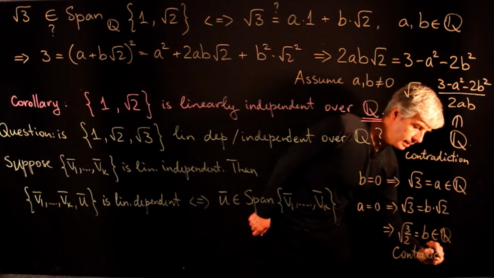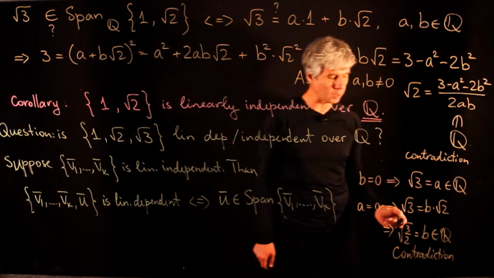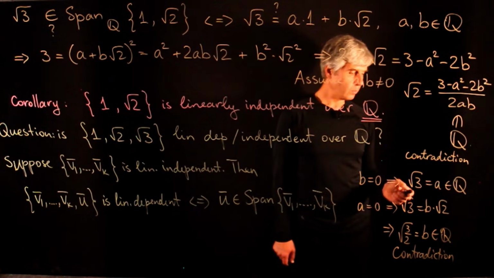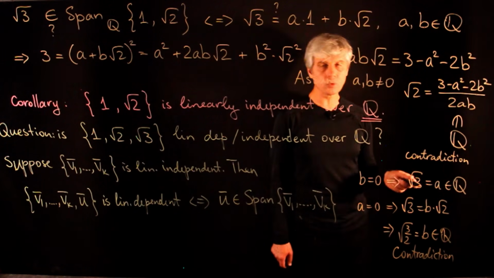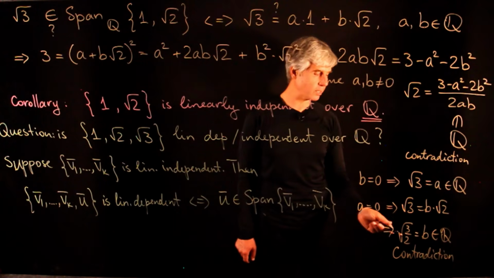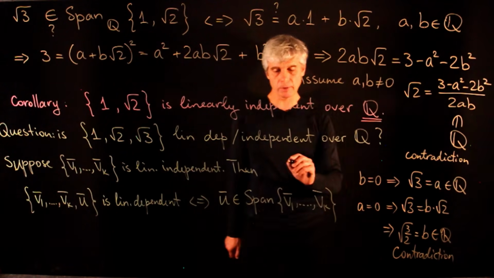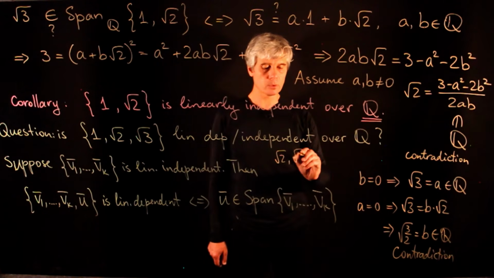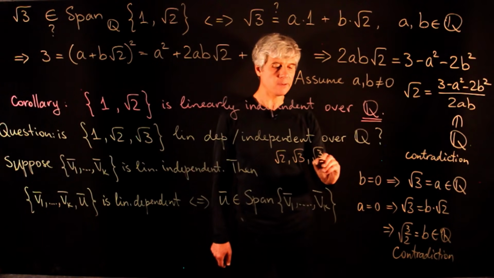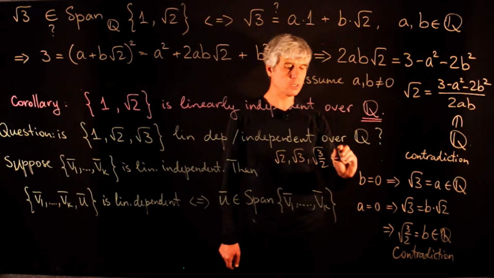So exactly how we proved our lemma about square root of 2, we can also make a proof that square root of 3 is not a rational number, and that square root of 3/2 is not a rational number, right? So square root of 2, square root of 3, and square root of 3/2 are all not rational numbers.